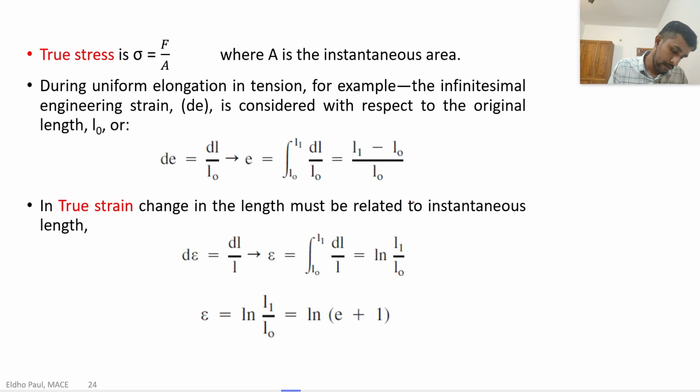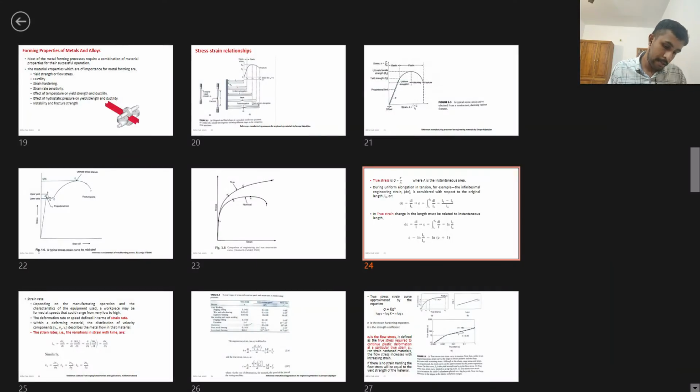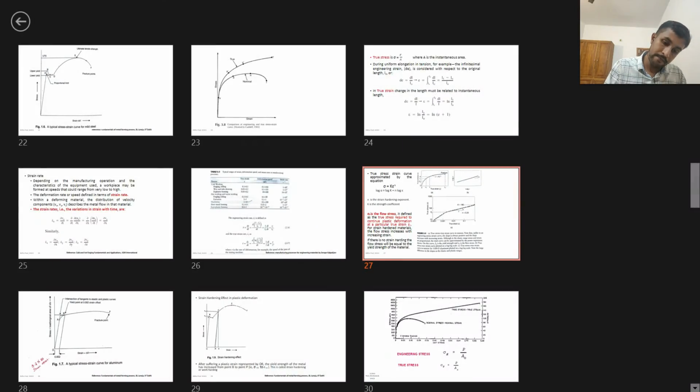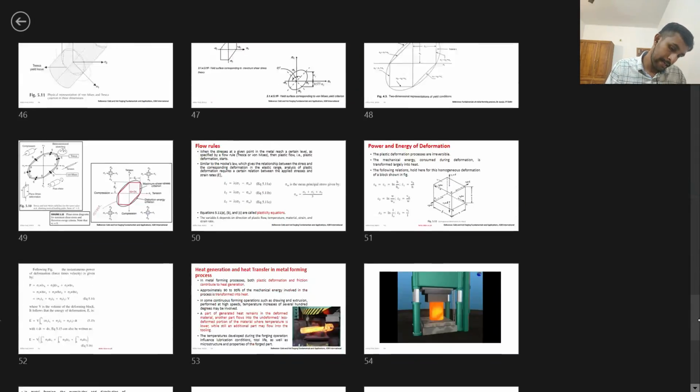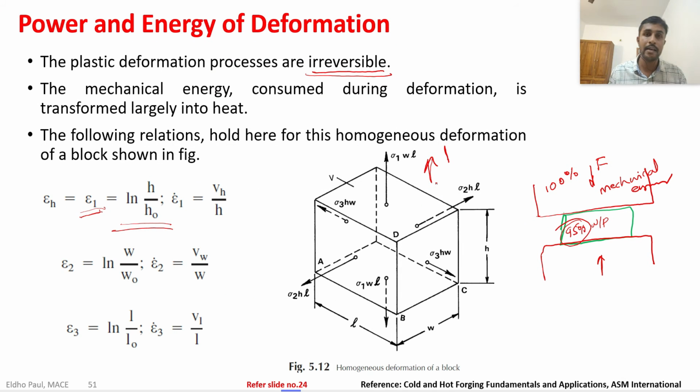The true strain is equal to log L1 by L0, where the initial length is this one and the final length is this one. So using this equation we can calculate here epsilon 1, the strain in the one direction, which is equal to log h by h0.